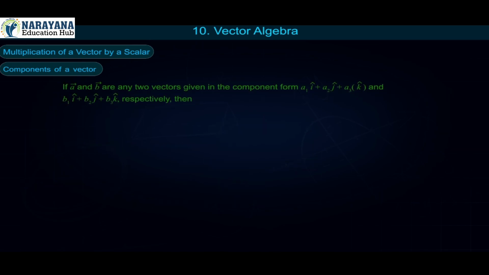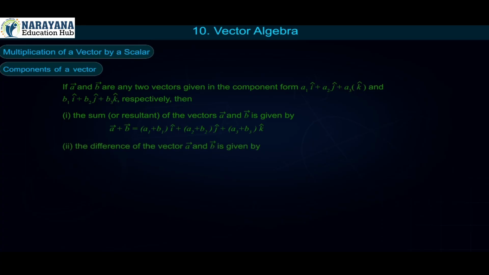If vector A and vector B are any two vectors given in the component form A1 i cap plus A2 j cap plus A3 k cap and B1 i cap plus B2 j cap plus B3 k cap respectively, then number 1, the sum or resultant of the vectors A and B is given by vector A plus vector B is equal to (A1 plus B1) i cap plus (A2 plus B2) j cap plus (A3 plus B3) k cap.